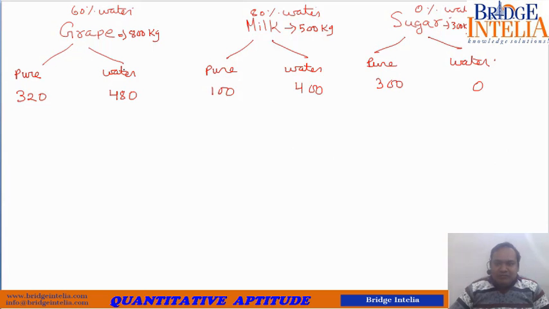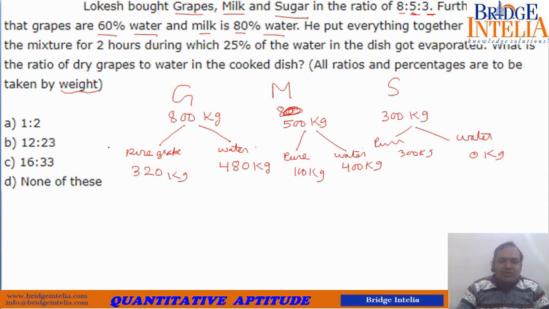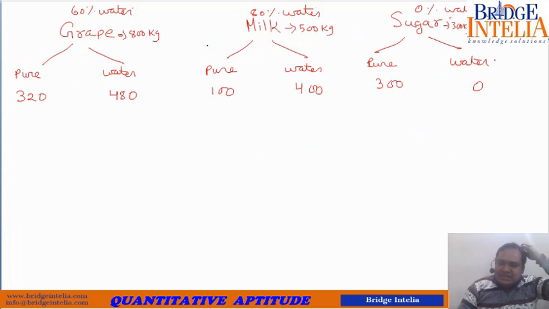So I have bifurcated all the three elements in terms of pure part and watery part. Now what is said? He mixes all these ingredients, so he mixes all these three ingredients and cooks them, and while cooking 25% of the water in the dish gets evaporated.